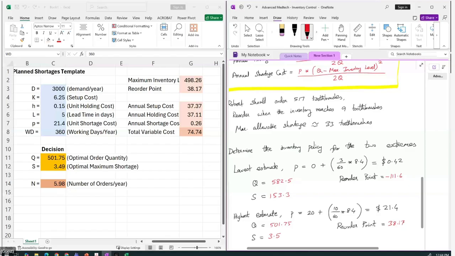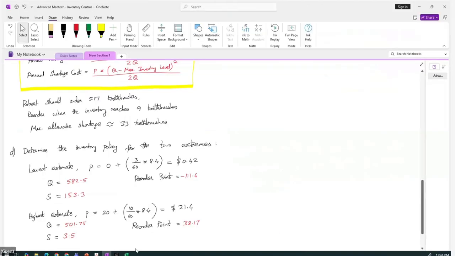What is the managerial implication? Can someone tell me the managerial implication? We did something, we used a formula, we got something. What is the managerial implication? Quick. Total variable cost keeps changing.